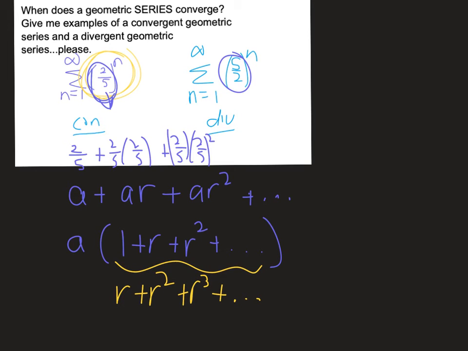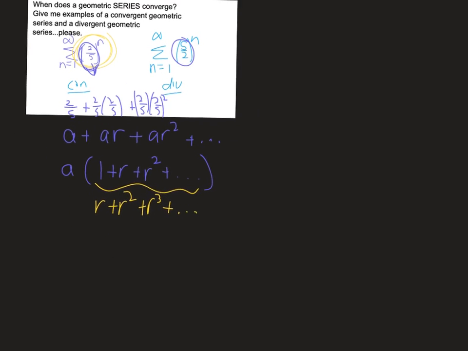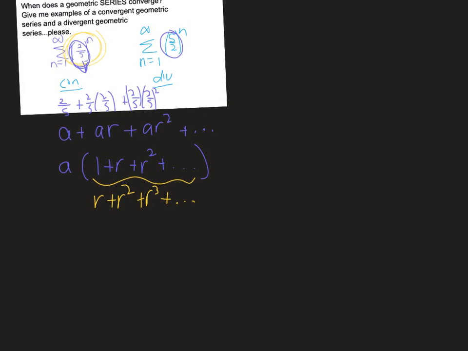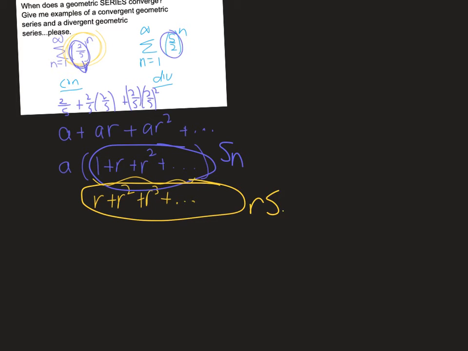So we now have these two pieces. Again, we're just going to ignore the a for right now, because I don't want to muddy the waters with that. And let's call this piece, I'll go with the Sn that we used before. That's the partial sum of those. And then this one would be rSn.